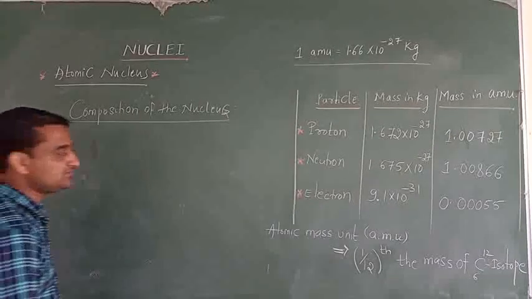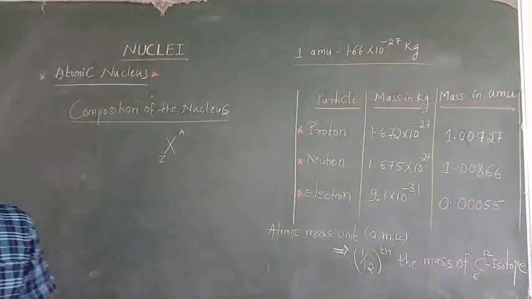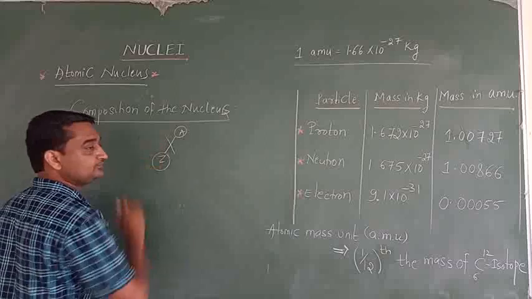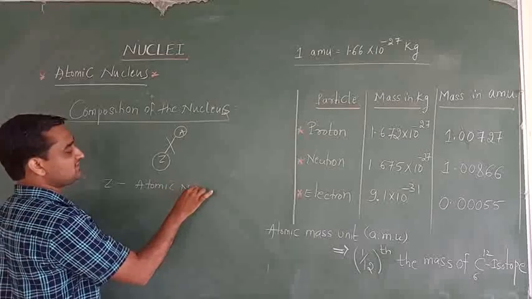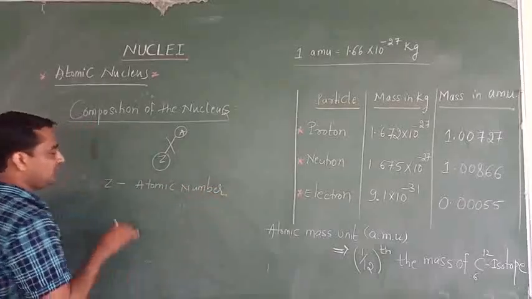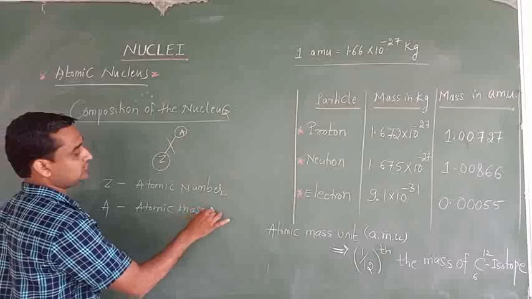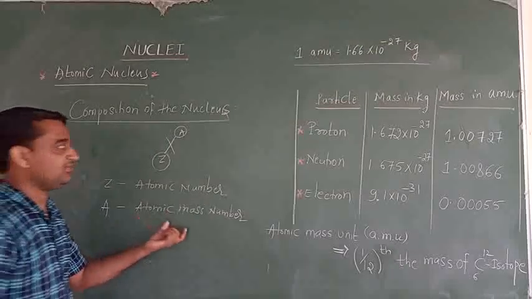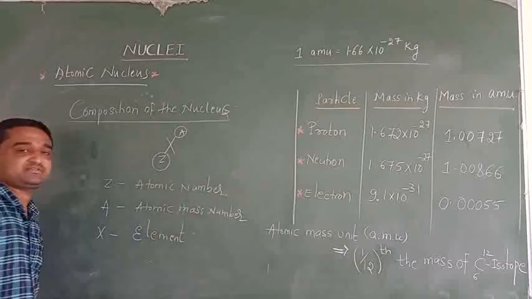The nucleus of an atom is represented by the symbol X with Z and A, that is, the element X with atomic number Z and mass number A. Z represents the atomic number, and A represents the atomic mass number, and X represents the element.